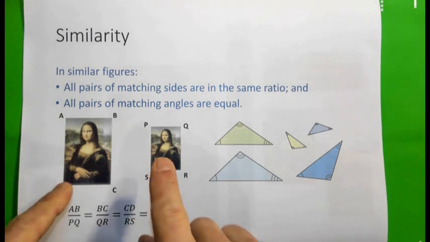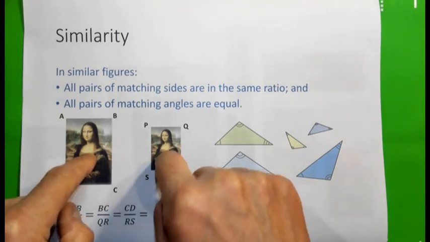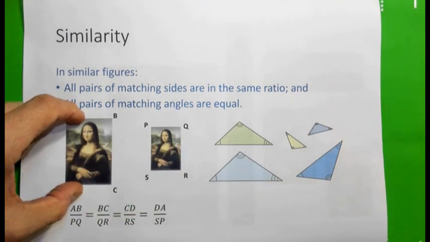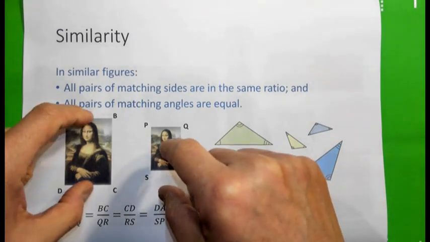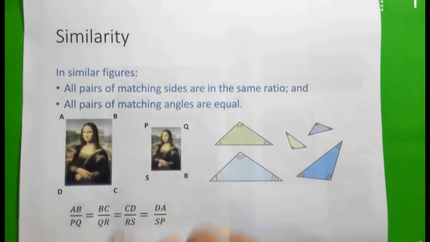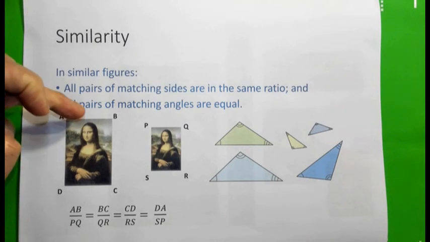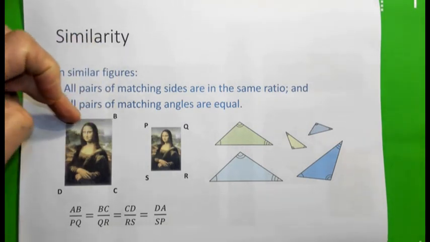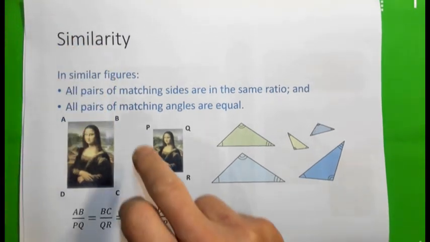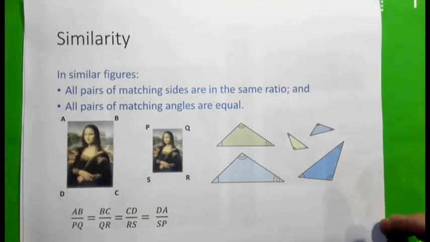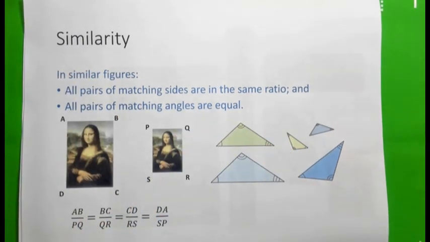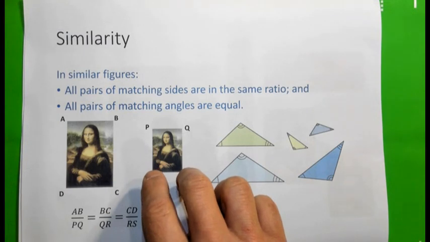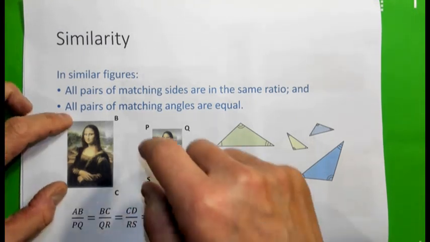Now, let's start by looking at this. We've got the picture of Mona Lisa 1 and picture of Mona Lisa 2. Corresponding sides are AB, PQ; BC and QR; CD and SR; and AD and PS.